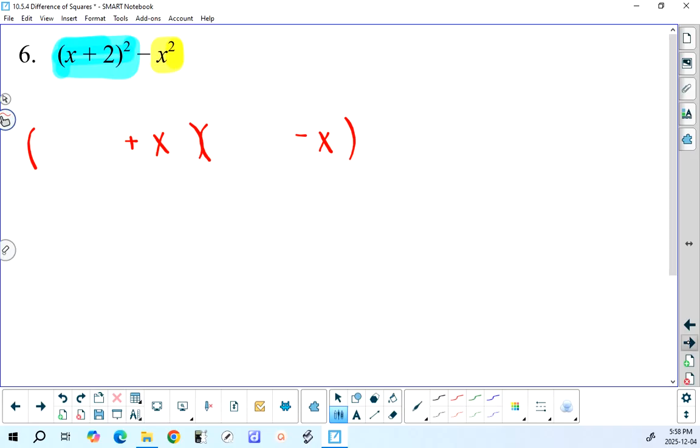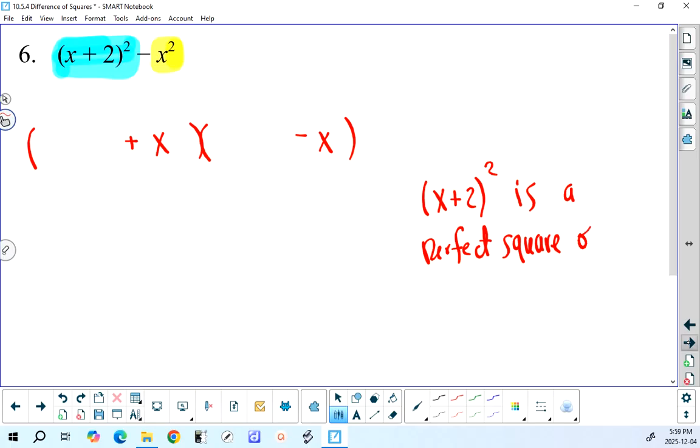And many of you will see this right away, but some people it takes a lot of thought to understand what it is I'm about to say. X plus 2 quantity squared is a perfect square of x plus 2.